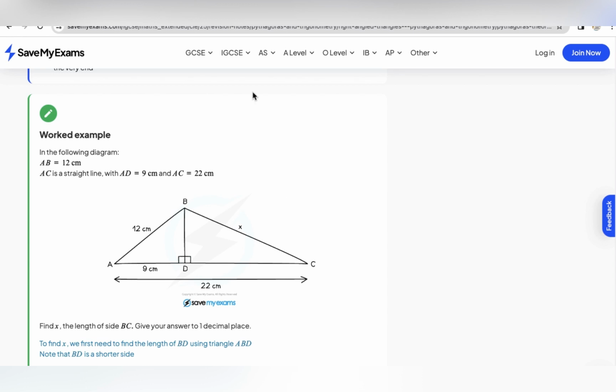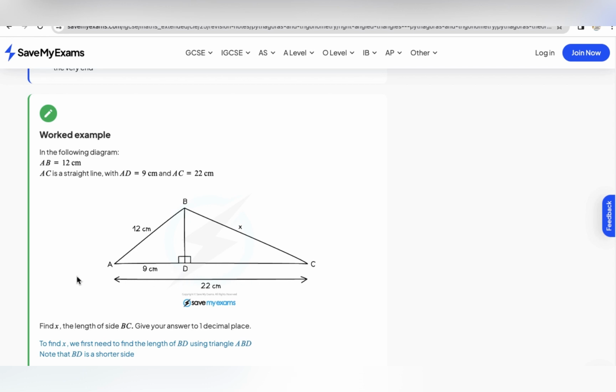Here you see that they want us to find x. In the following diagram, AB equals 12 centimeters, and AC is a straight line with AD equal to 9 centimeters here, and AC equal to 22 centimeters.